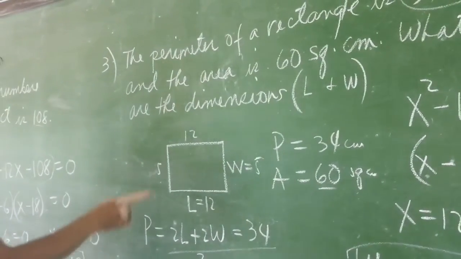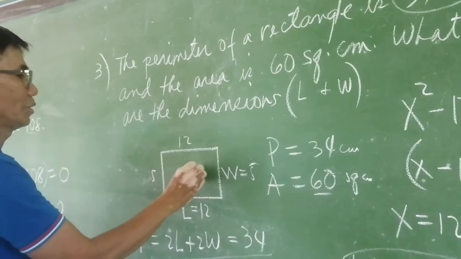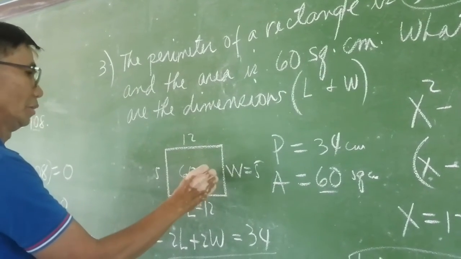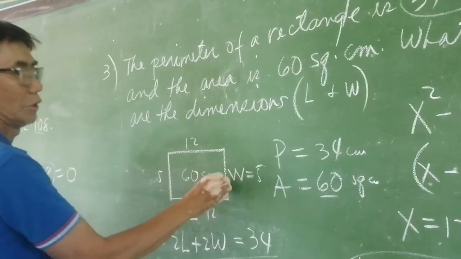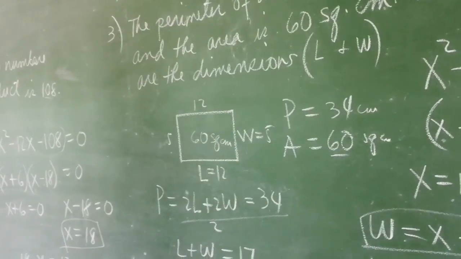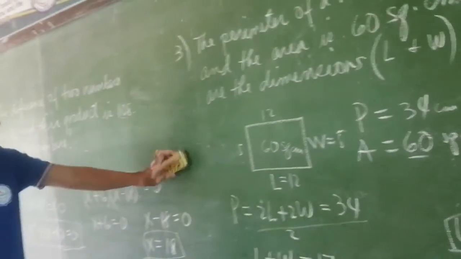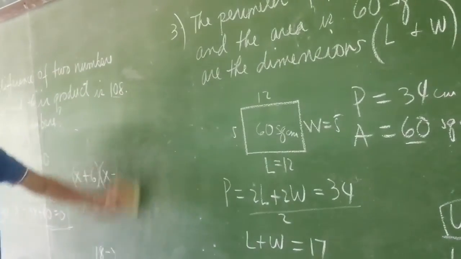And for the area, 5 times 12 is 60 square centimeter. Okay, that is the shortcut method that I'm using, but there are ways to do that.